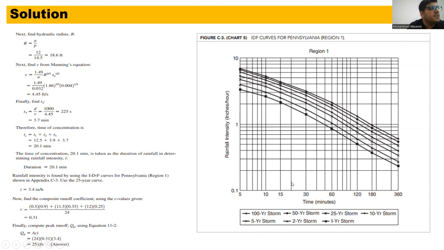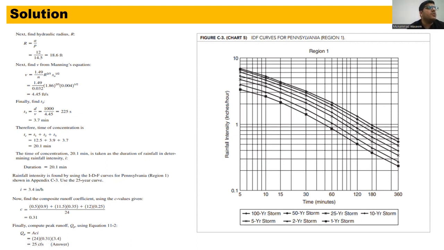So if I go somewhere here, 20 minutes, and come here, it is somewhere at 20.1. Here you can find the value, which is 3.4 inches.